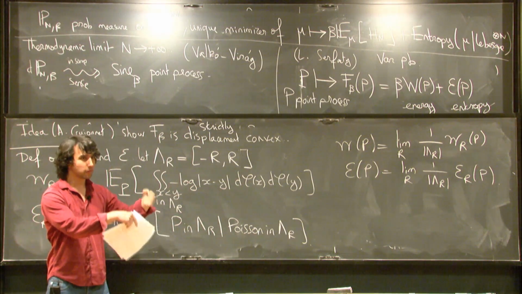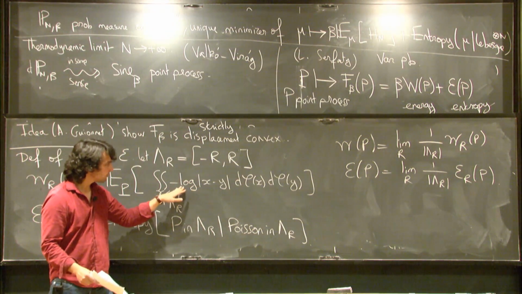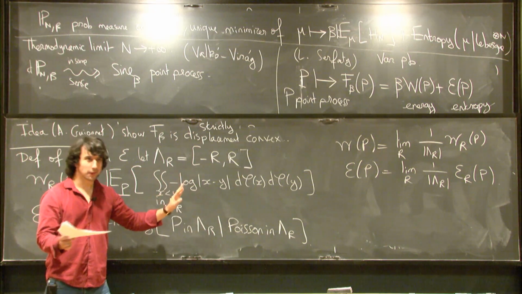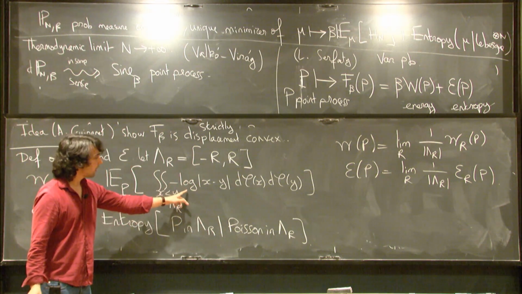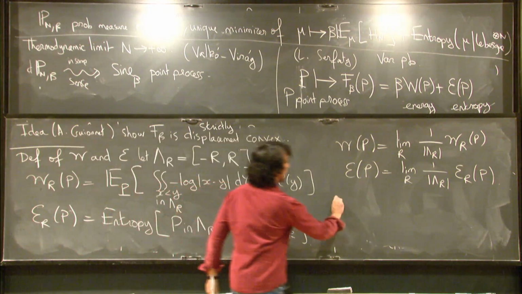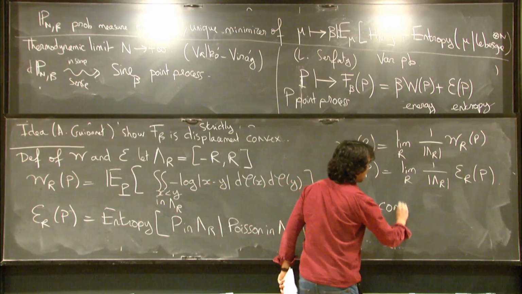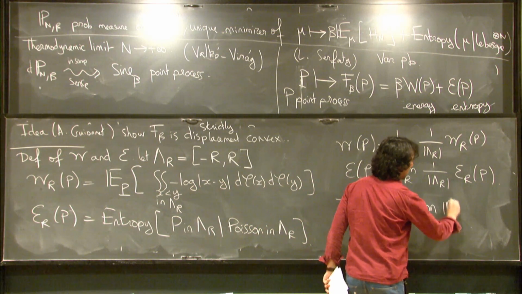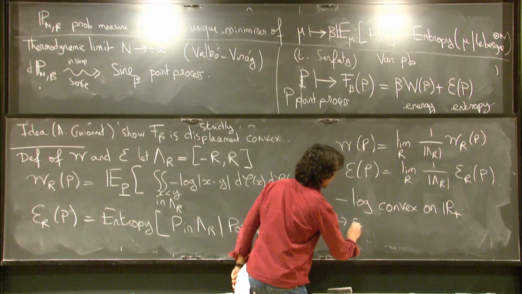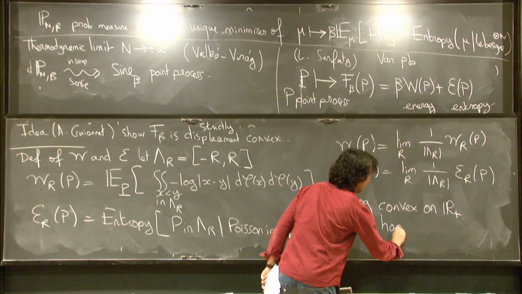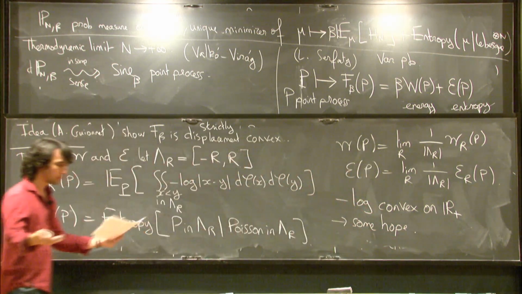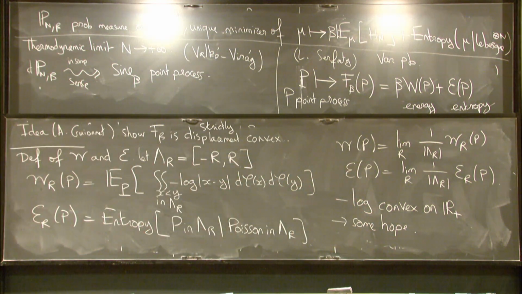So here I'm working on the real line, so I have some functions that are convex on the real line, or at least the positive half line. So since minus log is convex on R plus, there is some hope to prove convexity for f beta. Because if you remember, if W were convex, then the case B was also displacement convex.